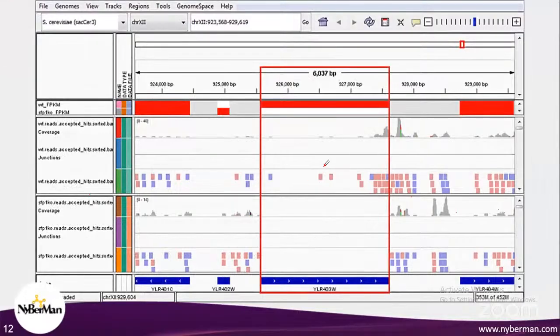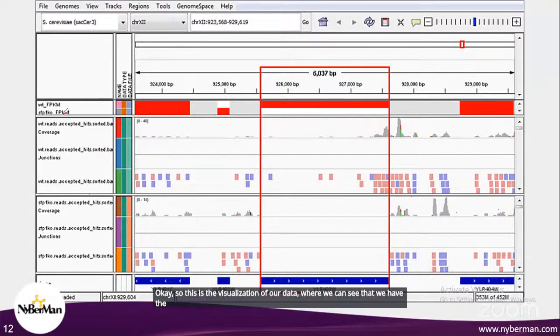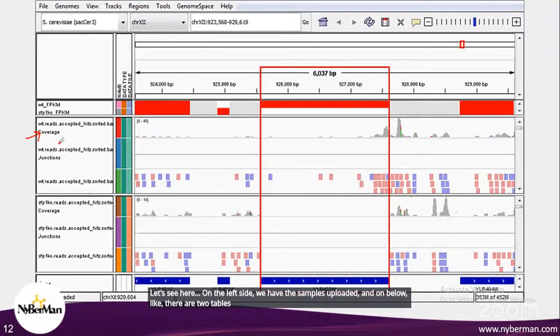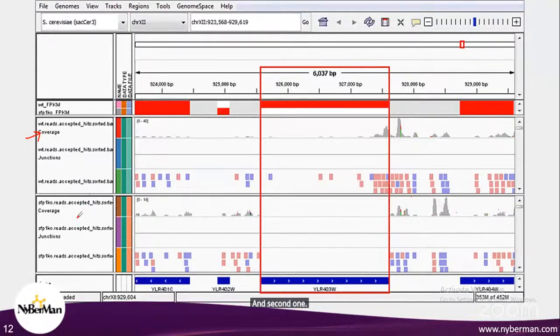Okay, so this is the visualization of our data, where we can see that we have the samples on the left side, like see here. On the left side, we have the samples uploaded, and below there are two tables, two boxes in the below section. The first one is our sample, and the second one we can call a reference sample maybe.